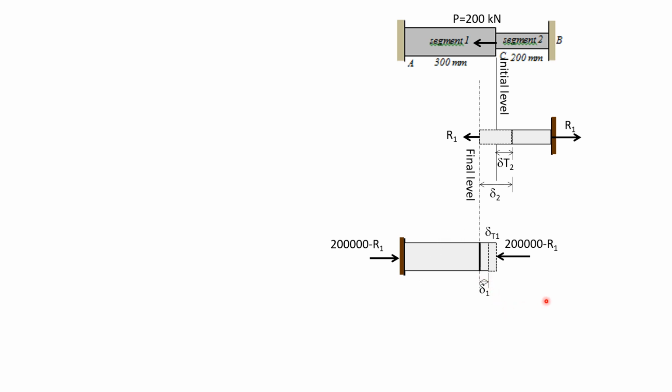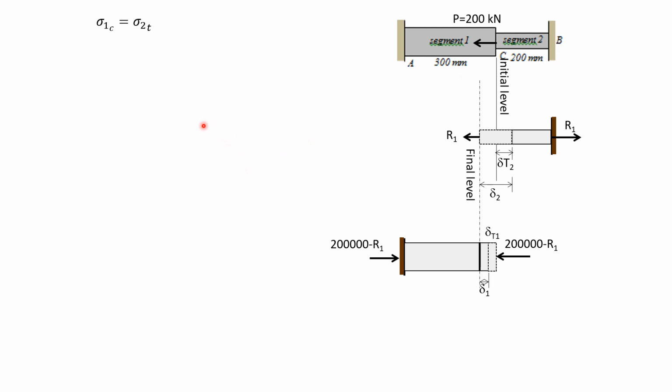So our compatibility equation this time would be, let's equate this distance here. This is delta 2 minus delta T2, and that is equal to delta T1 plus delta 1. The idea is that compressive stress in segment 1 must be equal to tensile stress in segment 2.